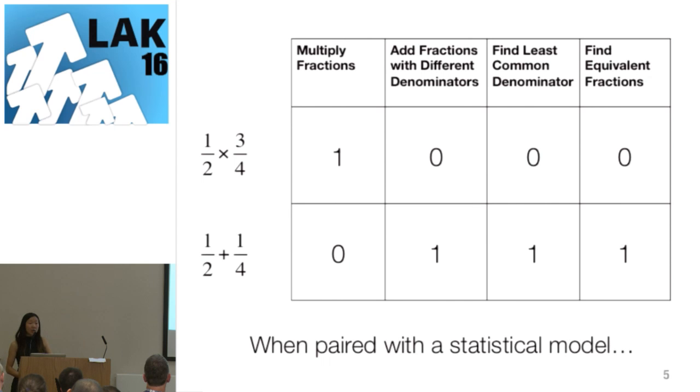So when you couch this kind of KC model within a statistical model, or basically a mathematical abstraction of the relationship between various features of the learning environment and some kind of observable outcome of learning, you can start to make inferences about student knowledge based on observable behaviors.